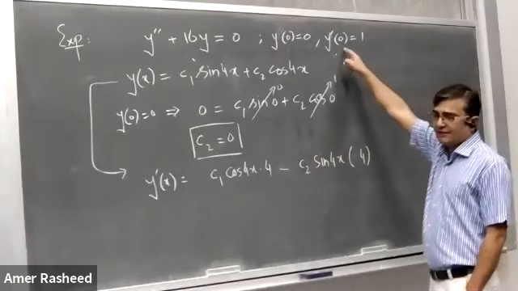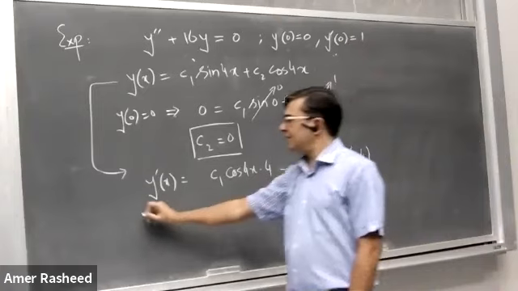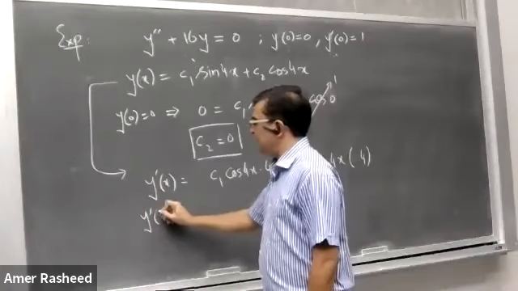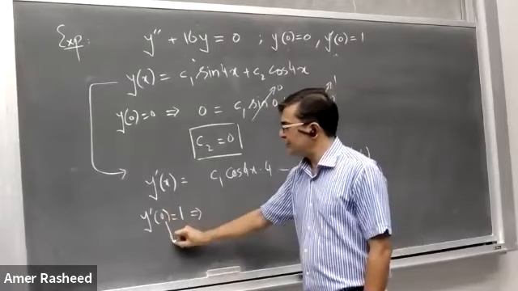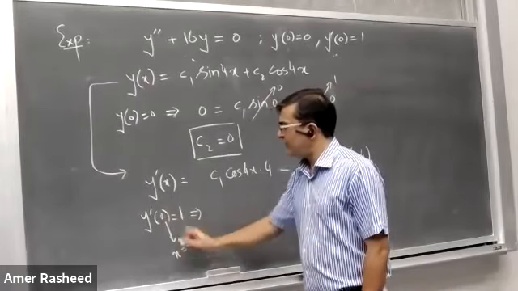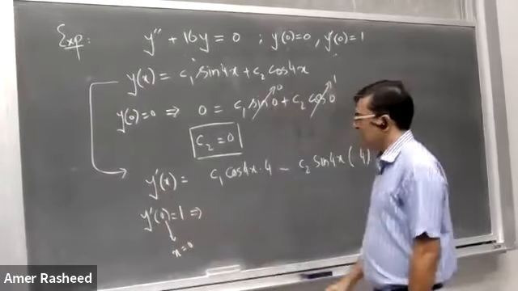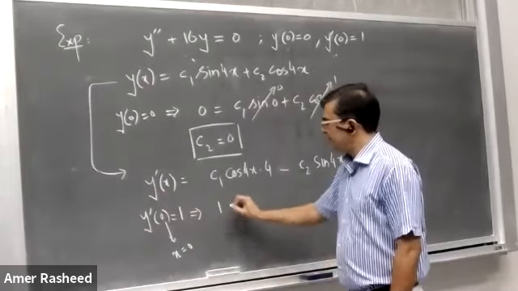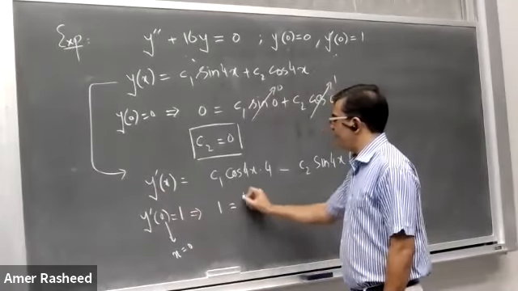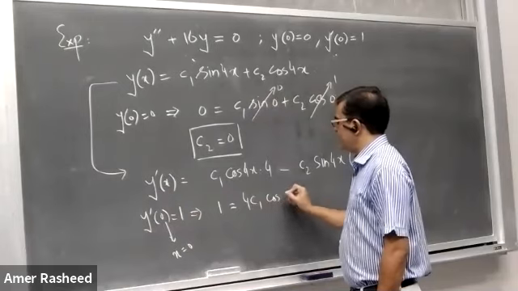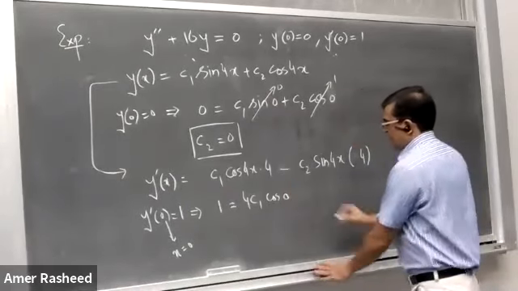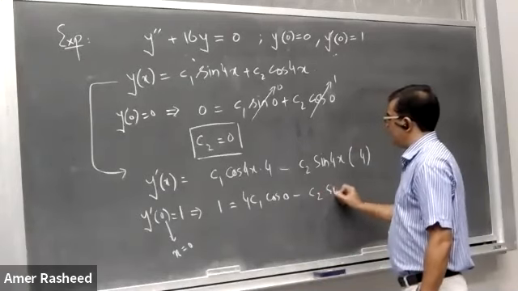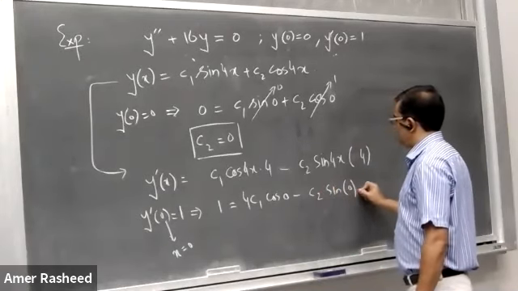Now you can apply this condition, which is y dash at 0 is equal to 1. You put x equal to 0 and y dash equal to 1. This gives us 1 is equal to 4 c1 cosine of 0 minus c2 sine of 0 times 4.